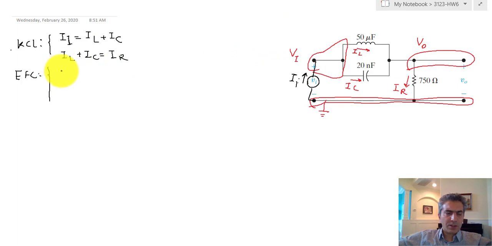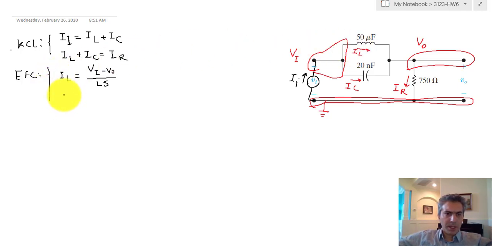For the inductor, the equation is IL is equal to VI minus V out over LS. Like I said, I'm going to use L as opposed to the value given.